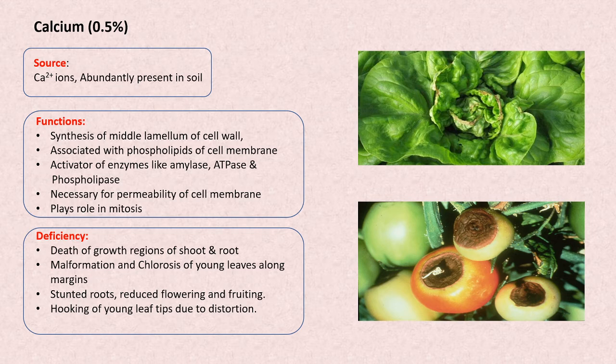Okay, so it also acts as activator for many of the enzymes such as amylase, ATPase, and phospholipase, and it is also necessary in mitosis. That is, it plays a role in mitosis.